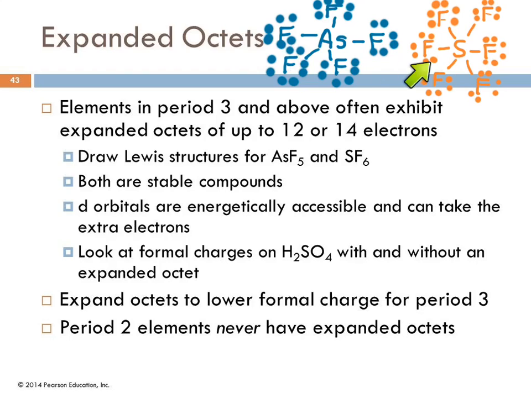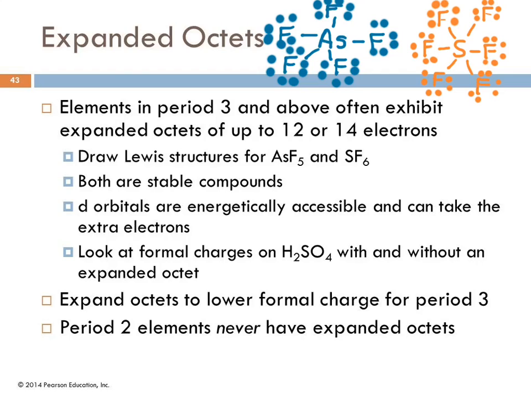These are both stable compounds. Arsenic pentafluoride and sulfur hexafluoride. Sulfur is in period 3. Its valence electrons are in the 3s and 3p orbitals. What it can do to form 6 bonds is expand into the 3d orbitals.